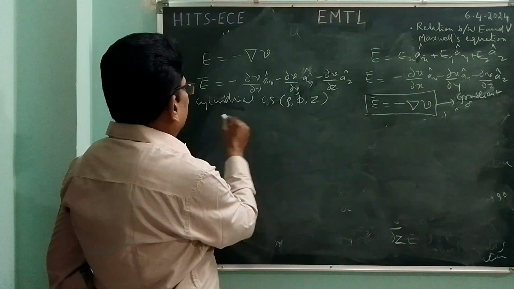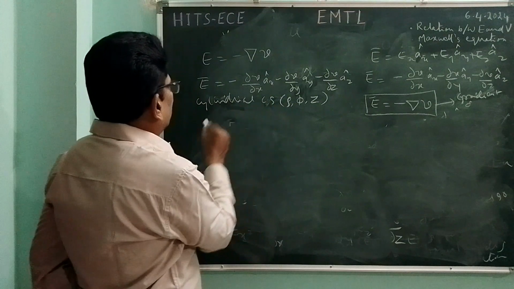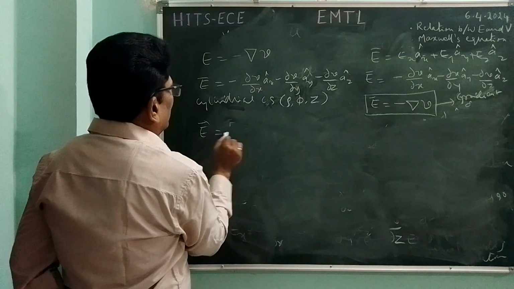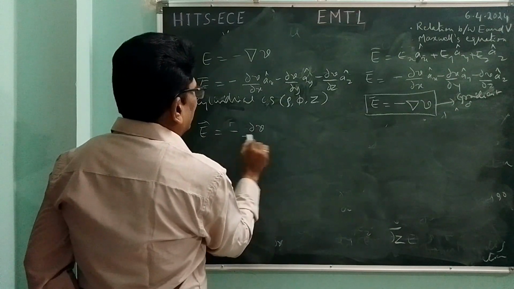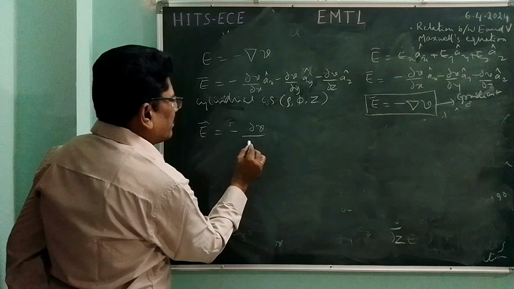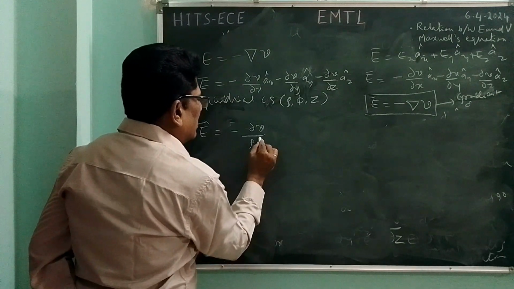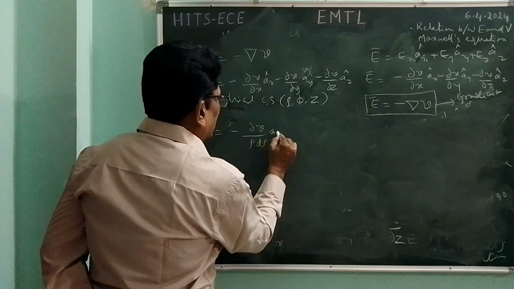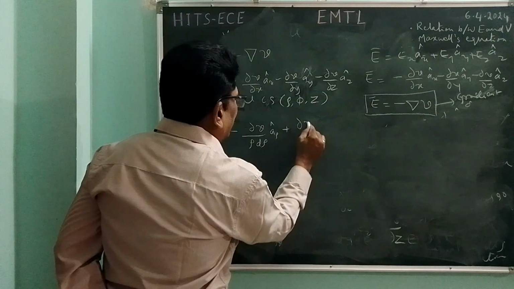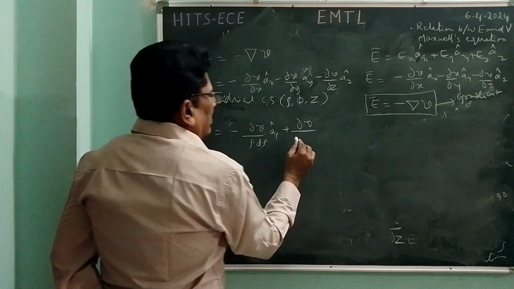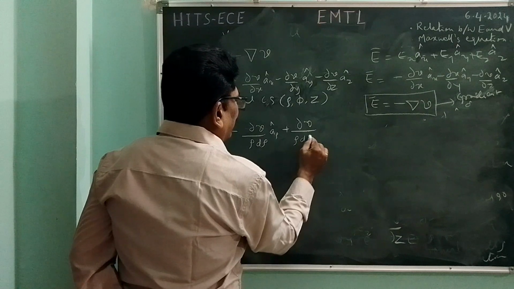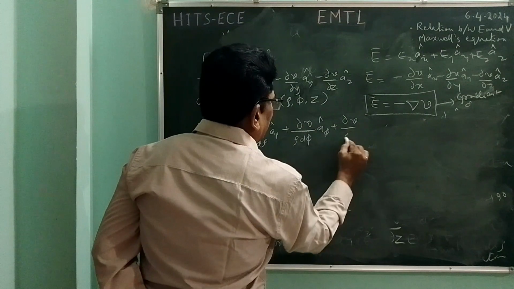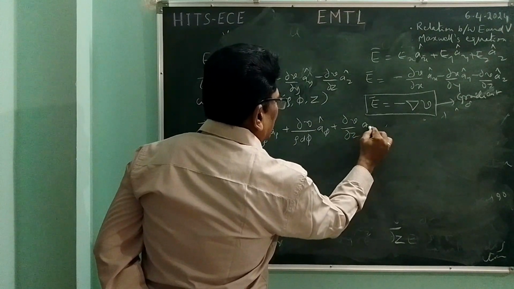Okay, according to these cylindrical coordinates, E is equal to minus del V by del rho a rho cap plus del V by rho into del phi a phi cap plus del V by del z into az cap.